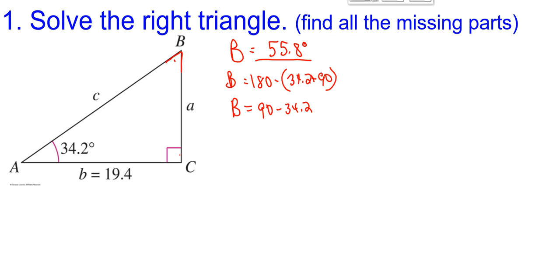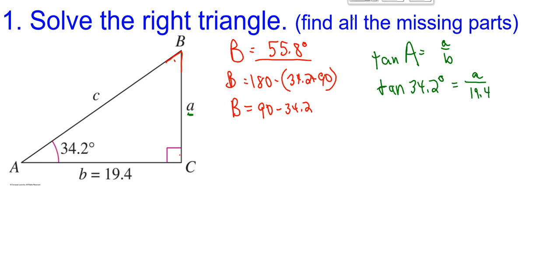I'll find A next, and I'm going to use the tangent of capital A. The tangent of capital A is equal to opposite over adjacent, so that's a over b in this case. That means the tangent of 34.2 degrees, so make sure your calculator's in degrees, you've been using a lot of radians before, equals a over 19.4.